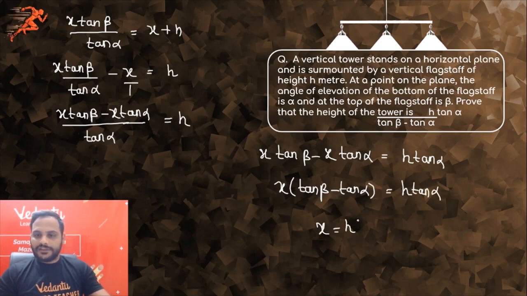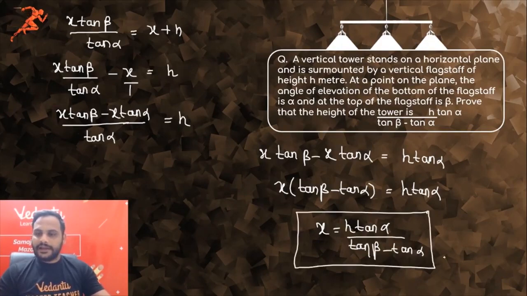You will get x, which is the height of the tower, as h tan alpha upon tan beta minus tan alpha, and that is what you wanted to prove. So hence proved.